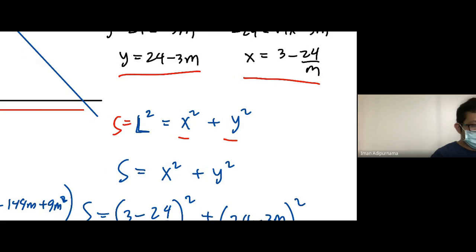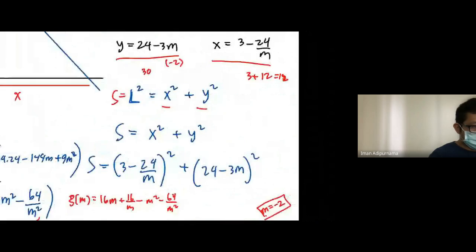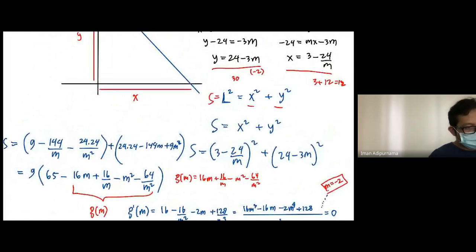So this will be 3 plus 12 to 15, or 12. This is 30. So the L, okay, it's a little bit confusing here, but yeah.